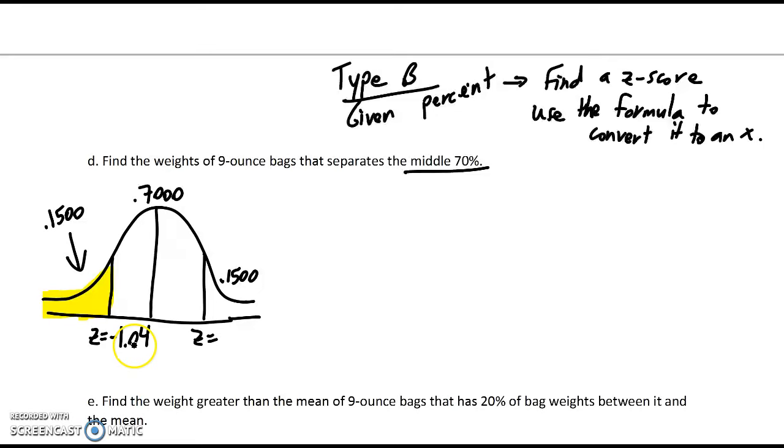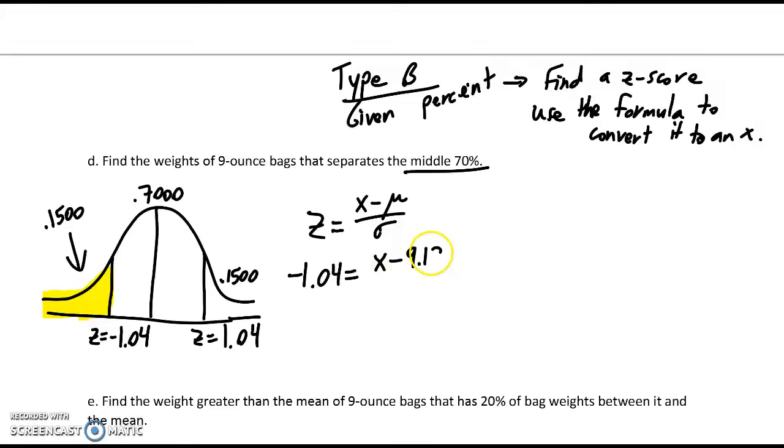And by the way, that's the negative version, and since it's the middle, these z-scores have to be the same. So those are the two z-scores, and now I can turn them into x values simply by using the formula and plugging in what I know. So negative 1.04 equals x, which I don't know, minus the mean divided by sigma.